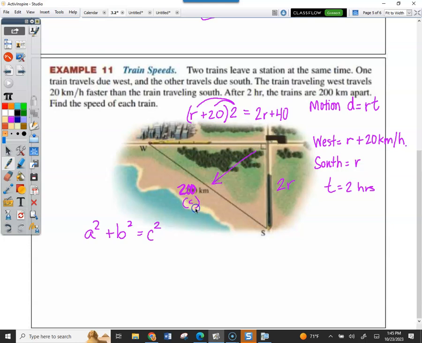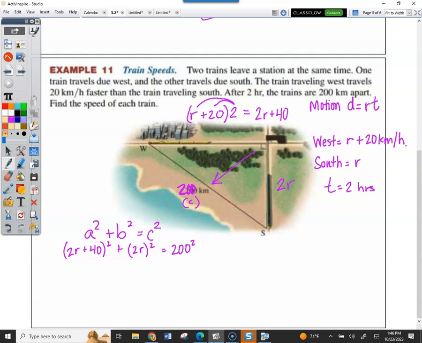This is your C. The other two don't matter, right? Now you do have a binomial that's fixing to get squared, so be careful. So let's plug it in. We've got 2r plus 40 squared plus 2r squared equals 200 squared.